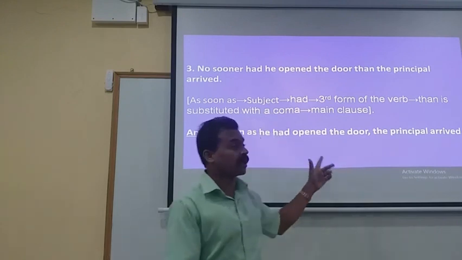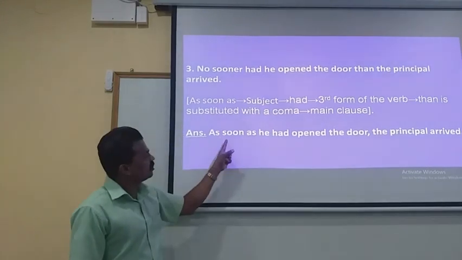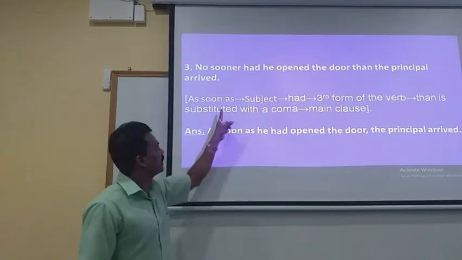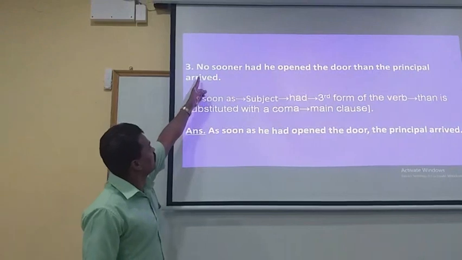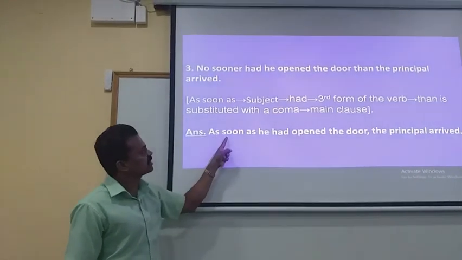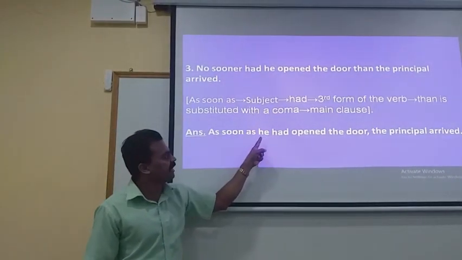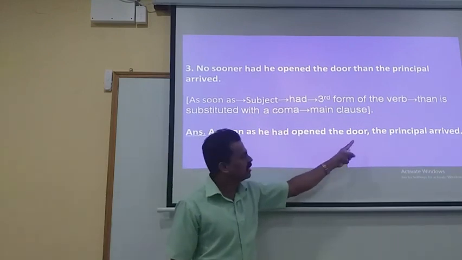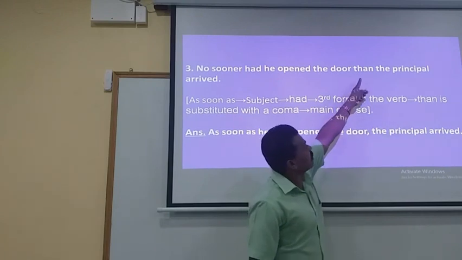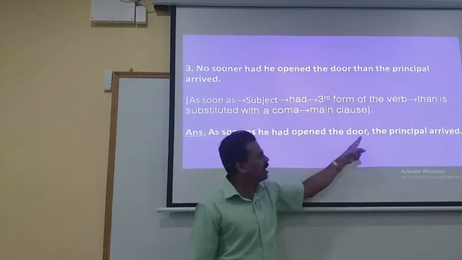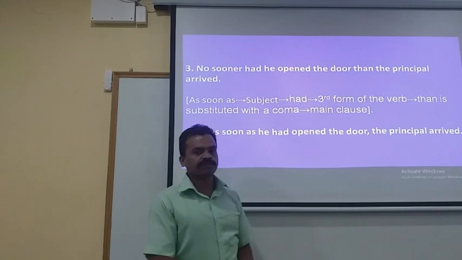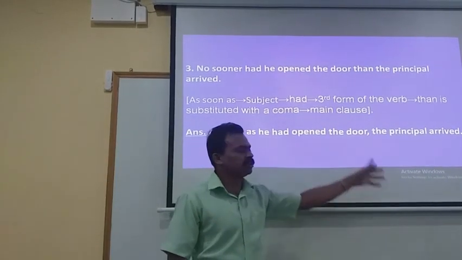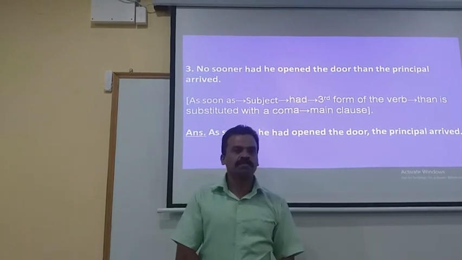Coming to the example: we substituted no sooner with as soon as, then we place the subject he, then had opened the door, and then than is removed and we place a comma: the principal arrived. So therefore our answer will be: as soon as he had opened the door, the principal arrived.